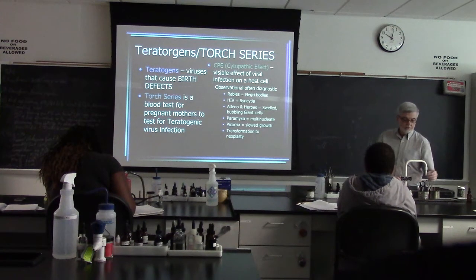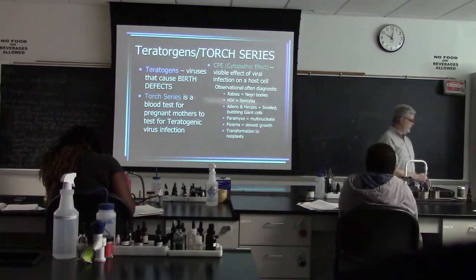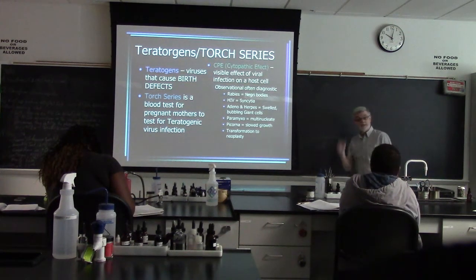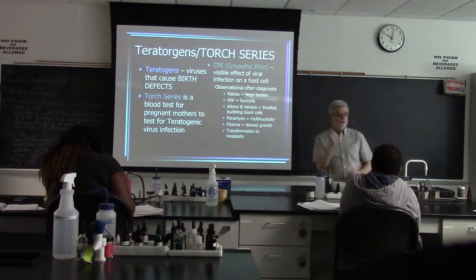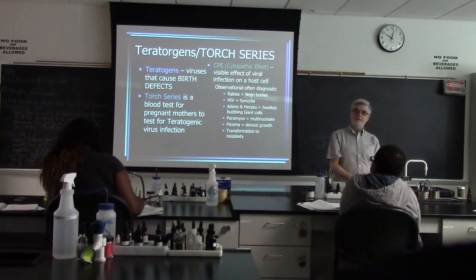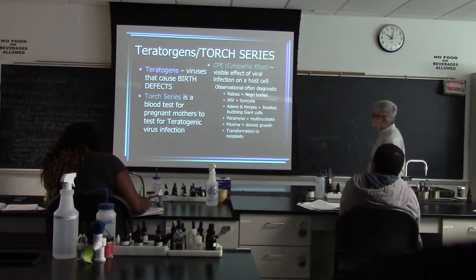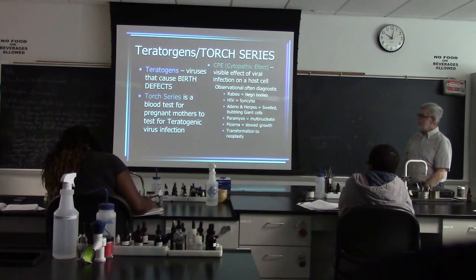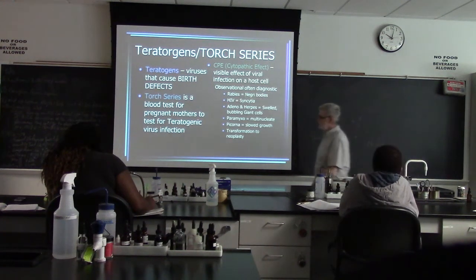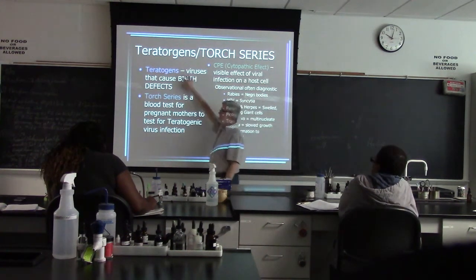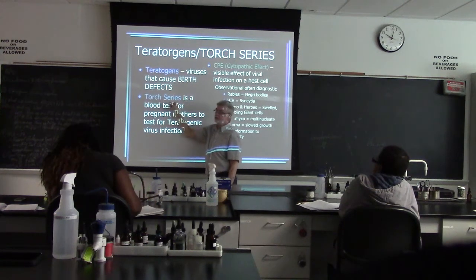If you do, they want to give you genetic counseling, because they can tell you how likely it is for your kid to have birth defects, and they'll probably recommend amniocentesis later on to see if there has been birth defects. The name of the blood test that looks for teratogenic viruses is called the TORCH series.